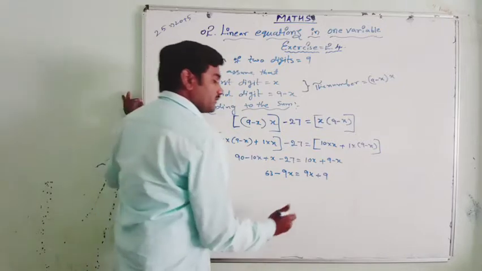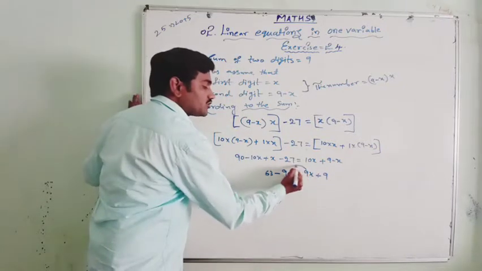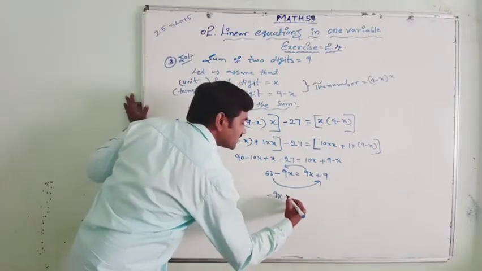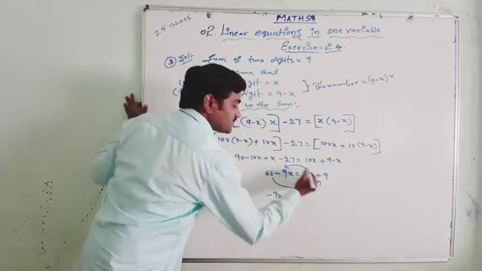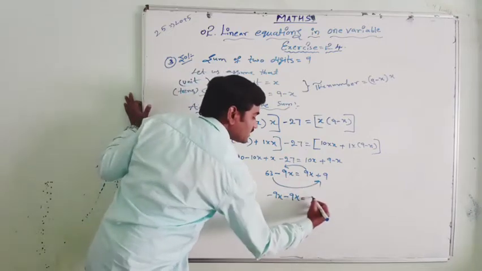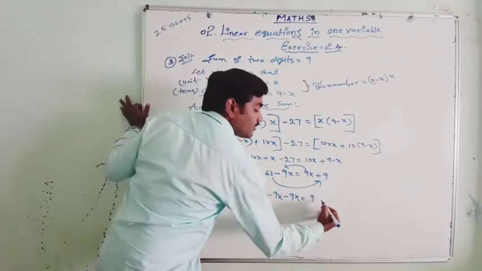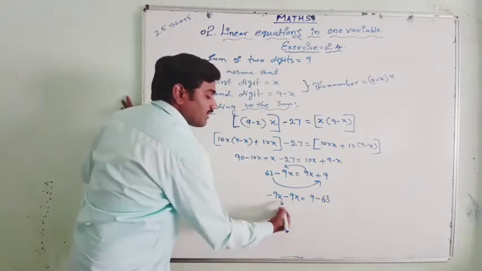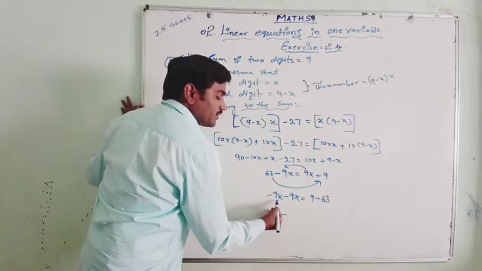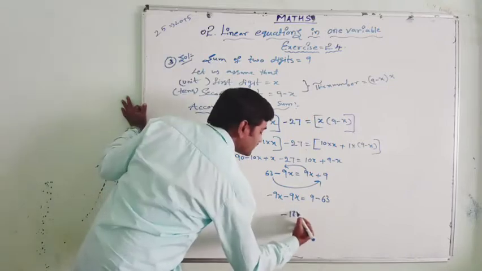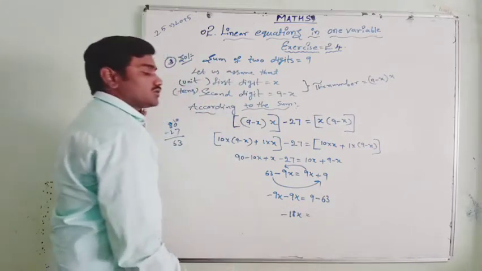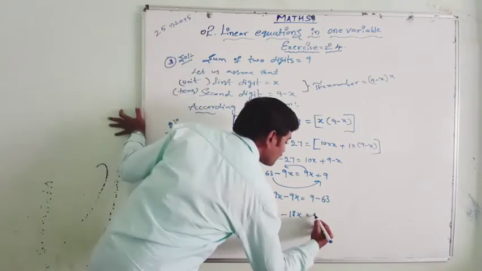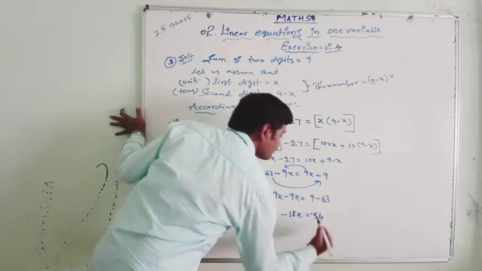Simple. You transfer the variables to one side and the constant terms to the other side. Here you have minus 9x, and the plus 9x becomes minus 9x, that equals plus 9, and plus 63 becomes minus 63. Minus 9x minus 9x is minus 18x, equals 9 minus 63, which is minus 54.